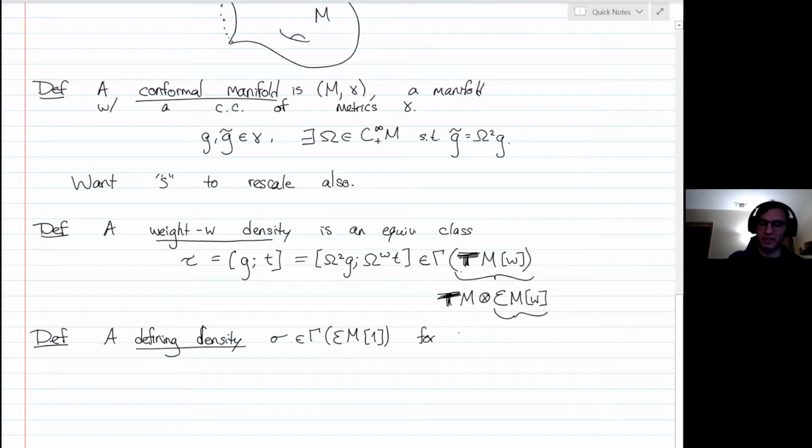This is a defining density for a hypersurface embedding in the conformal manifold, a density with all of its representatives being defining functions.